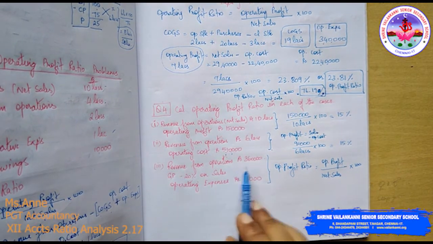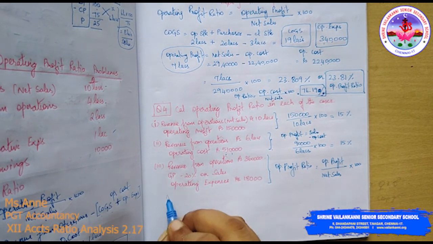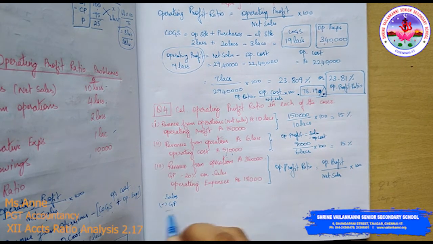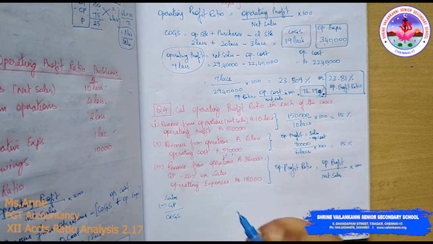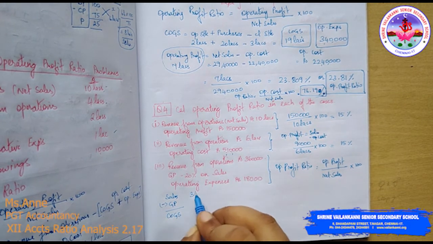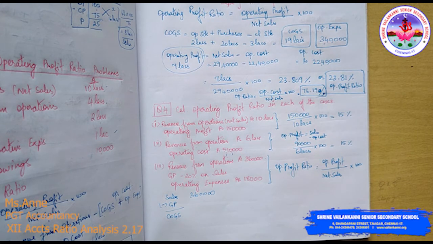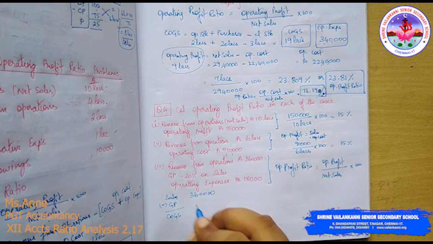Now this is sales. Sales minus gross profit will give you cost of goods sold. Now what is sales? 3,60,000 is your sales. 20% on 3,60,000 is 72,000.